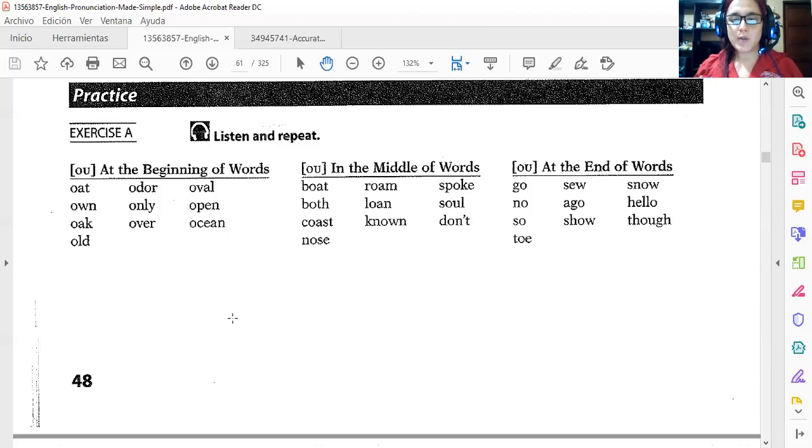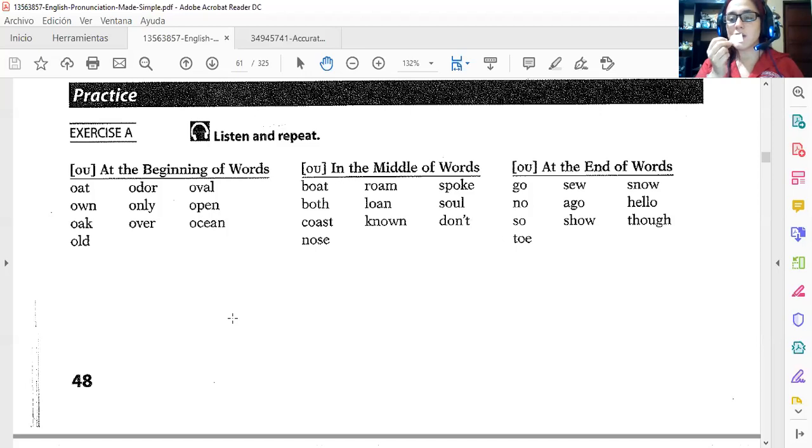Okay, then you have, I said both. Now, coast, nose, roam, loan, known, spoke, soul, don't, go, no, so, toe.